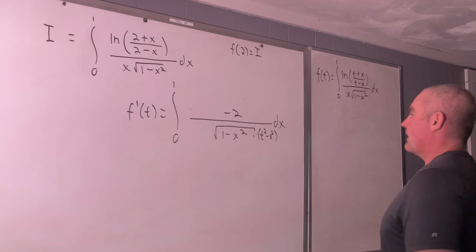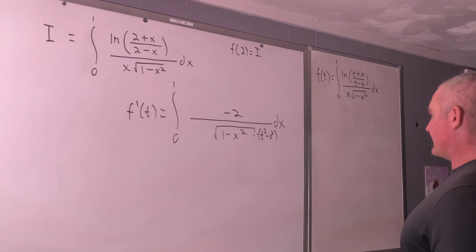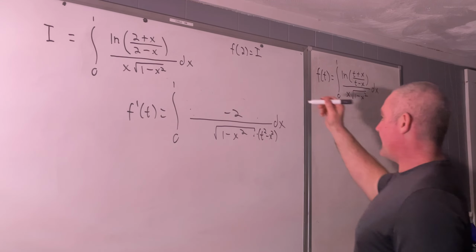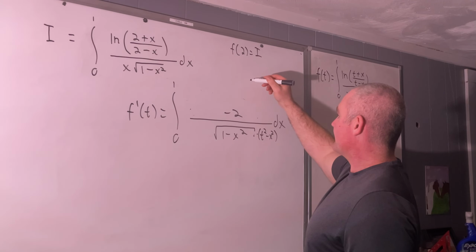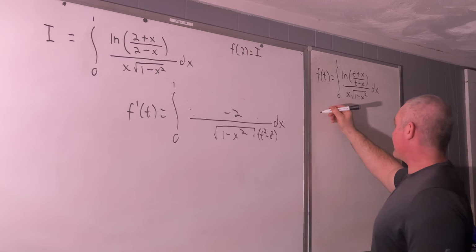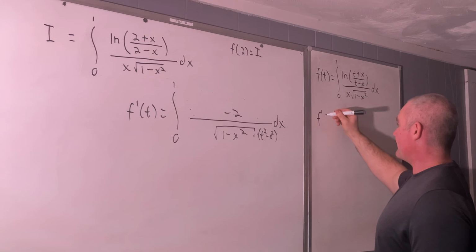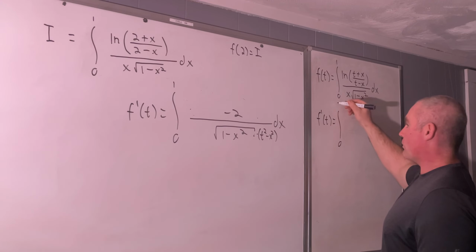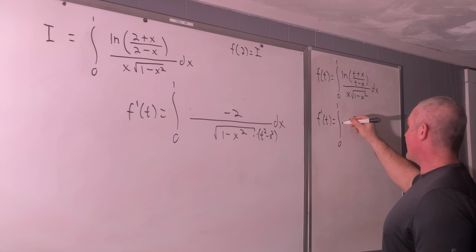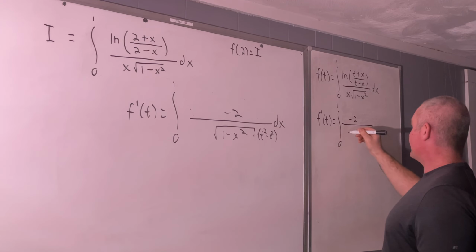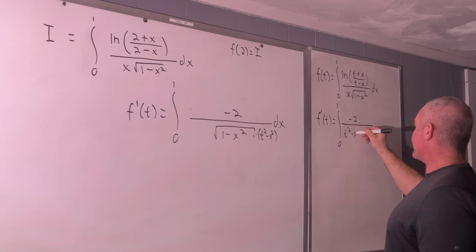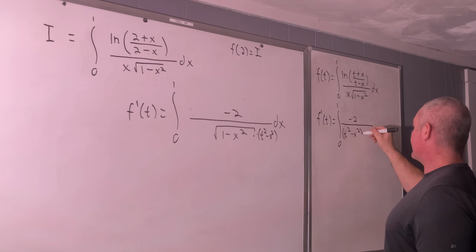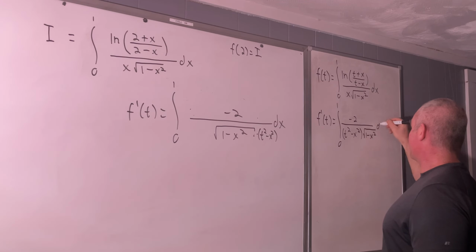All right. So let's copy this down. f prime of t is equal to the integral from 0 to 1 of negative 2 over t squared minus x squared times the square root of 1 minus x squared dx.